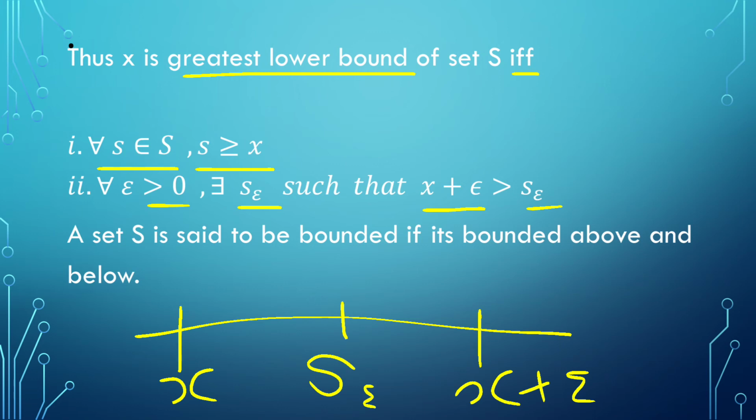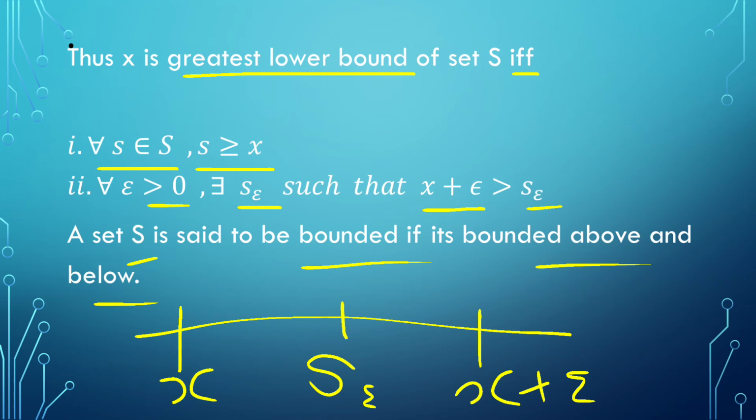So a set S is said to be bounded if it is bounded above and below. You say a set is bounded if you find that on both sides it's bounded: it has an upper bound and a lower bound.